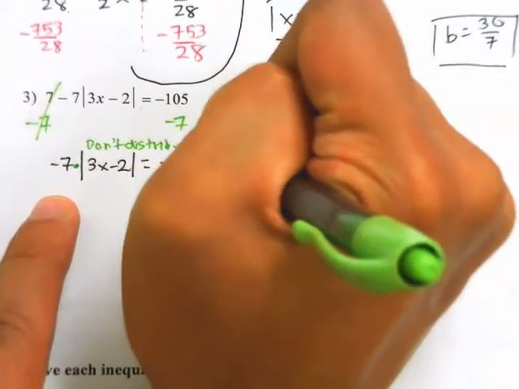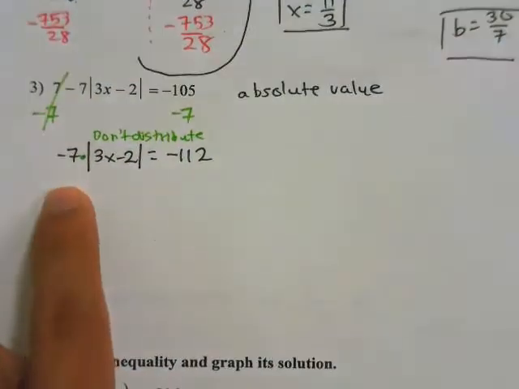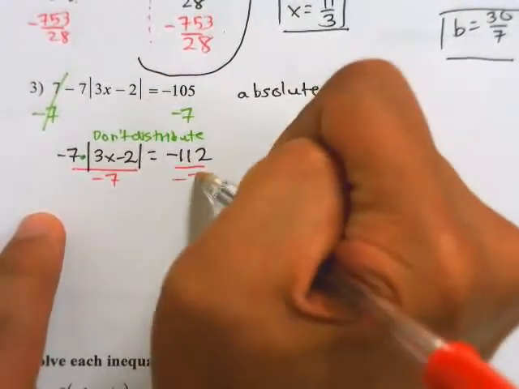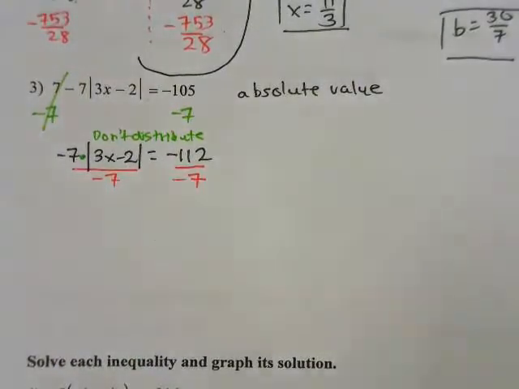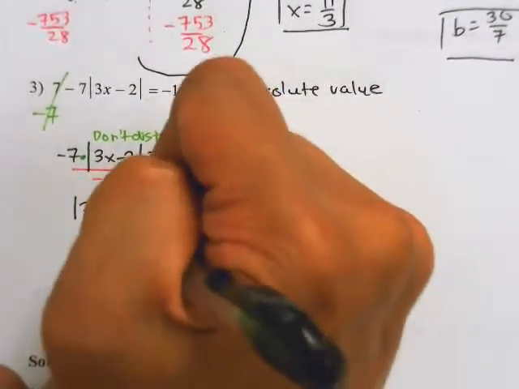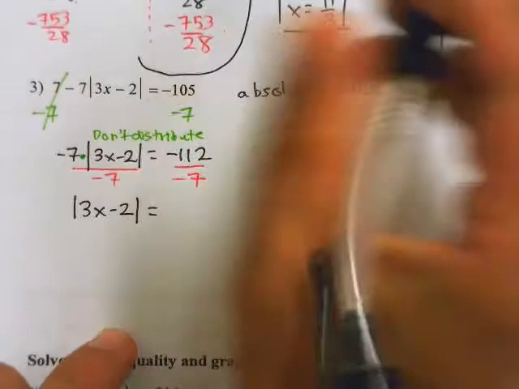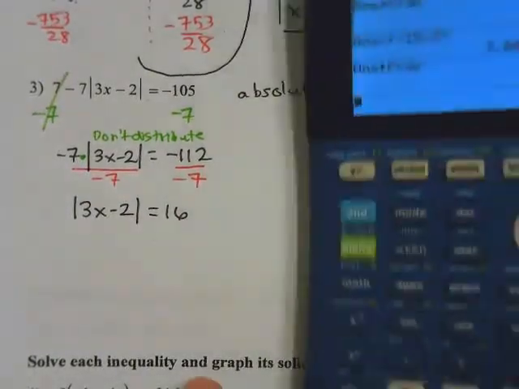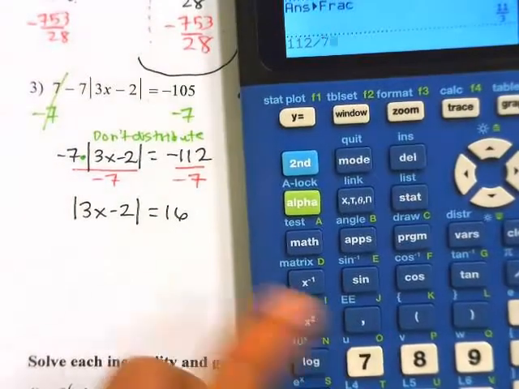You're going to instead do the opposite of what it's applied to. So this is negative 7 times. So the opposite of that is we're going to divide both sides by negative 7. Then you have absolute value of 3x minus 2 is equal to 16. 112 divided by 7, okay, 16.